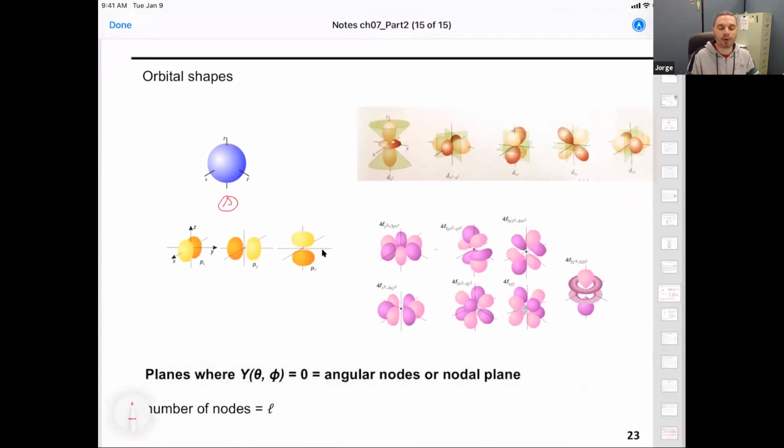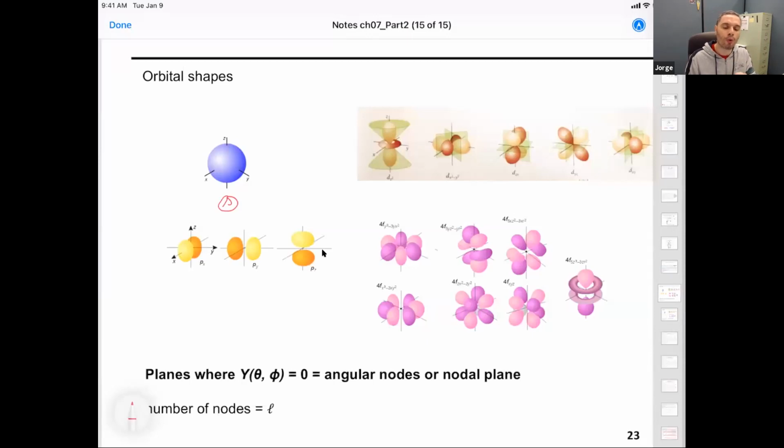For the p orbital, three different orientations. So we have two lobes. The first one is called px, so the lobes are on the x-axis. Second one is py, the lobes are on the y-axis, and pz, the lobes are on the z-axis. And those are the three different orientations.